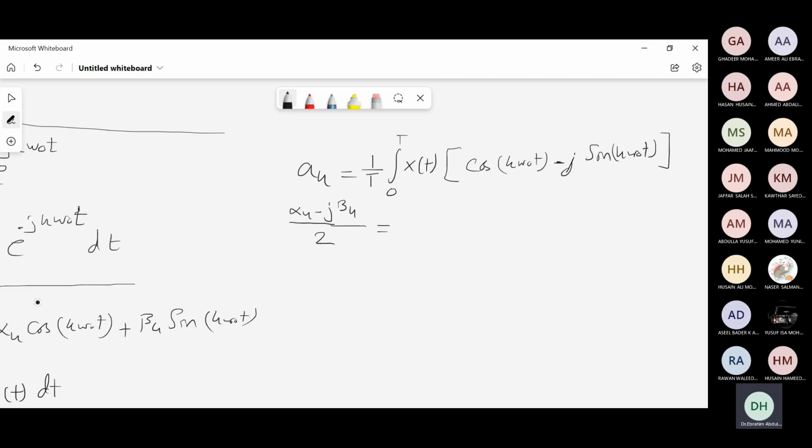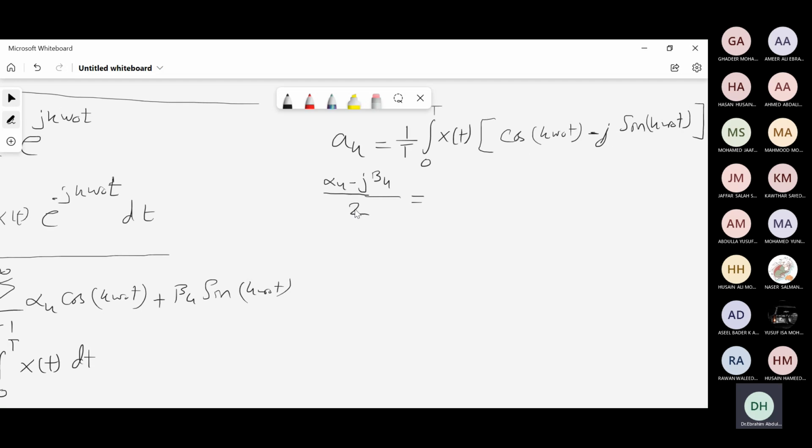So then alpha divided by 2 equals the real part of this one. So alpha divided by 2 is equal to 1 over T integration of x of t multiplied by cosine. So this is alpha over 2.